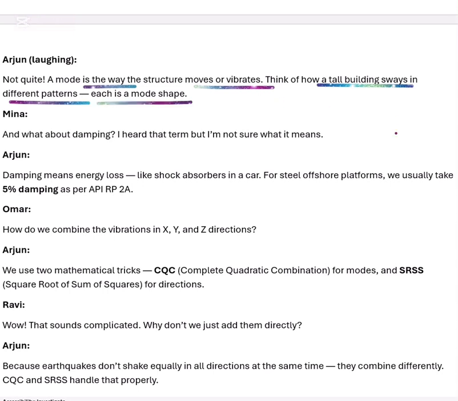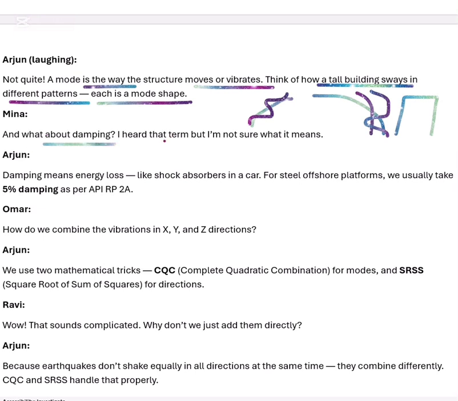It can bend like this or it can bend like this. Each is a mode shape.